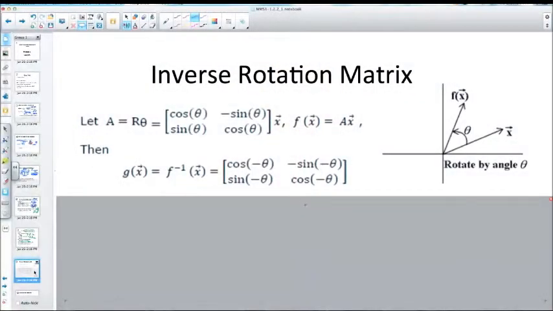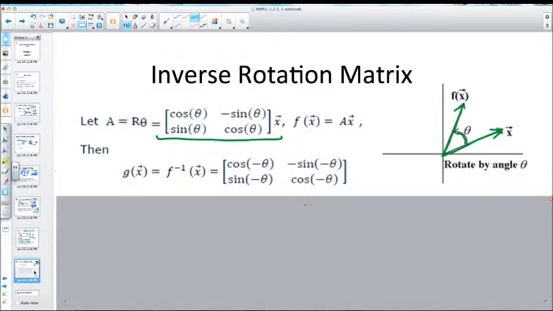The easiest example is rotation in 2D. In the last lesson, we learned to rotate a vector x by an angle theta counterclockwise. This is called the rotation matrix. All you need is to multiply the vector you have by this matrix.